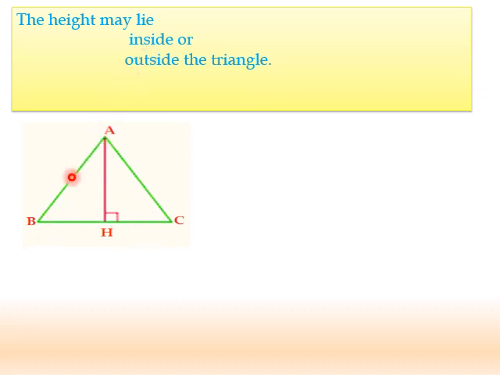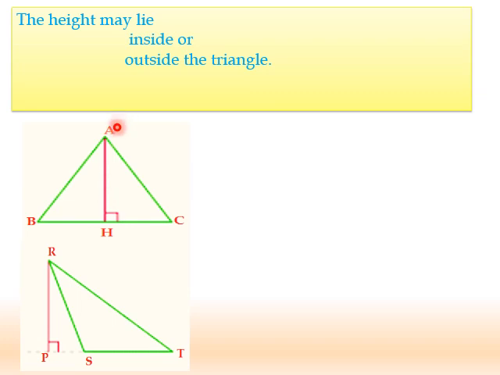ABC is an acute triangle. AH is the height relative to BC. Now, this one, RST is an obtuse triangle since angle S is an obtuse angle. RP is the height relative to ST. But why is it outside the triangle?